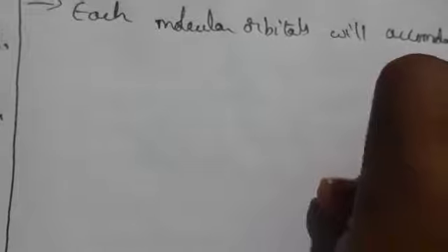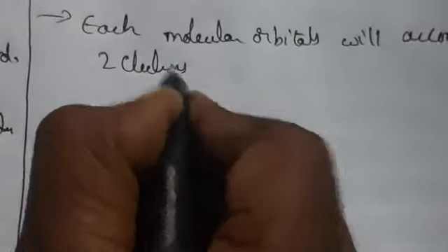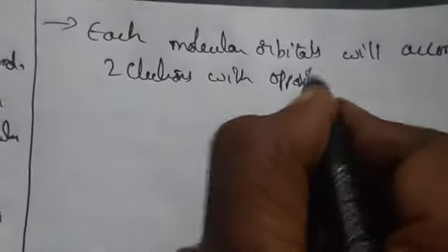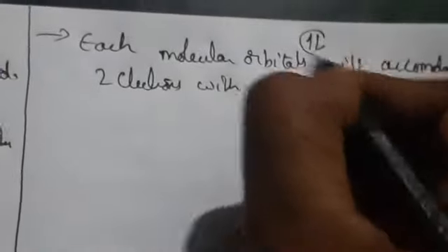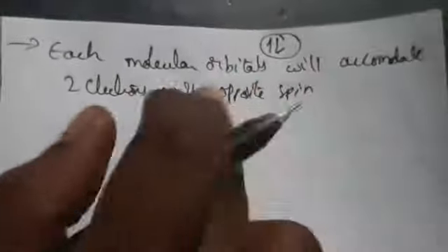So it is going to have it like this. So we are having opposite spins. That's why we are saying that if you take a molecular orbital, it will accommodate 2 electrons with opposite spins.